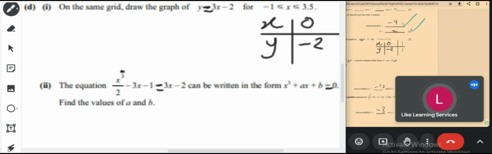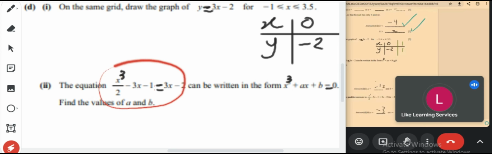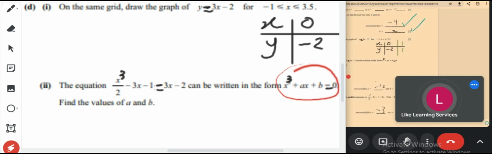This is raised to power 3, and this is also raised to power 3. So what will you do, based on what I told you earlier? If you didn't want to use that method, what would you have done so that the fraction will disappear? Because it's basically asking you to re-express this equation in fraction as a straight line equation. What do you do to remove the fraction?